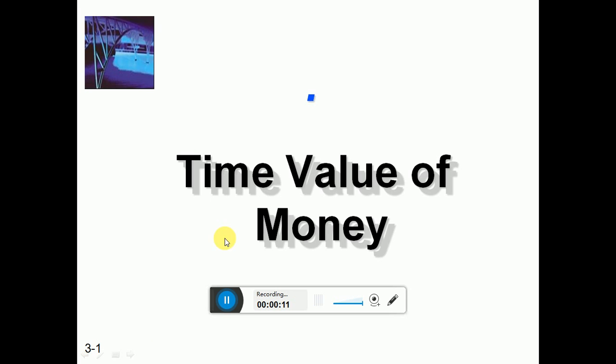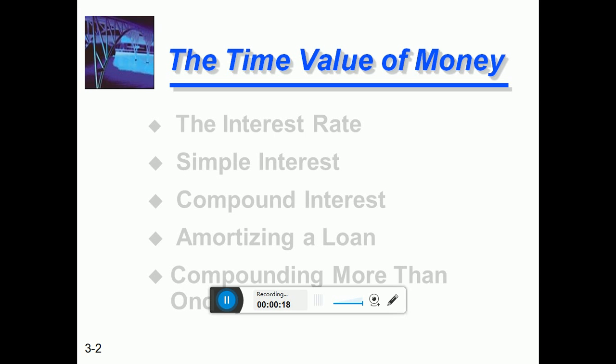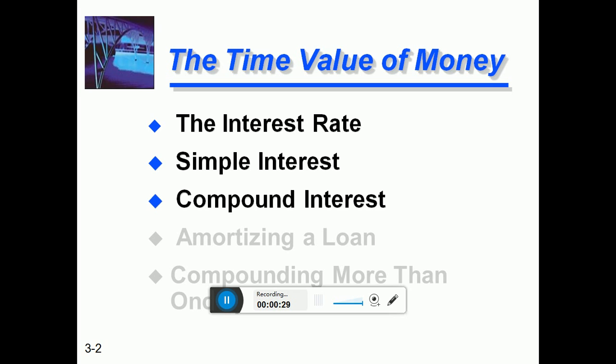In the previous class, if you remember, we discussed time value of money. In this chapter, we discussed interest rate, then simple interest, then compound interest, and some other things in that chapter.